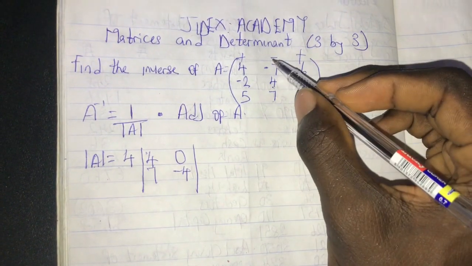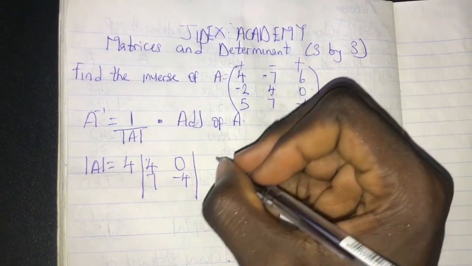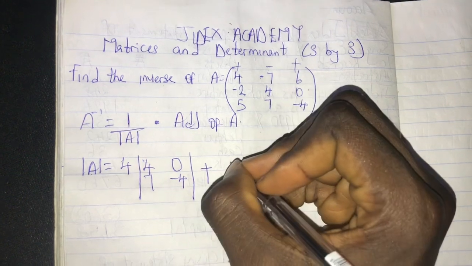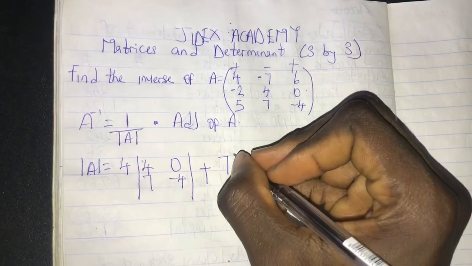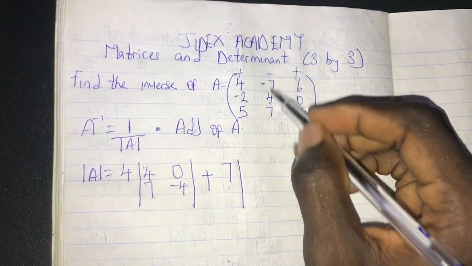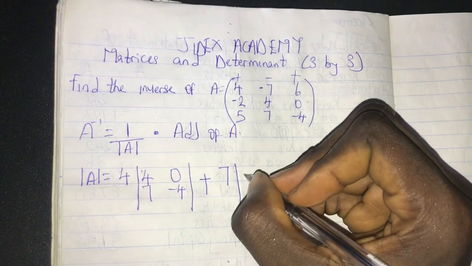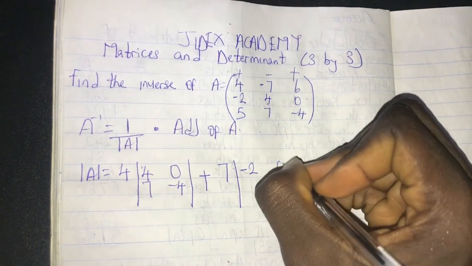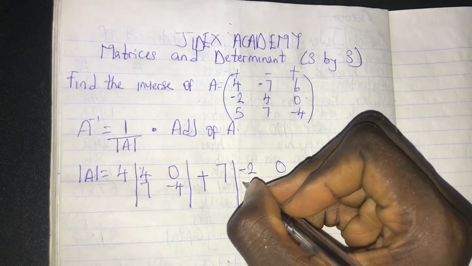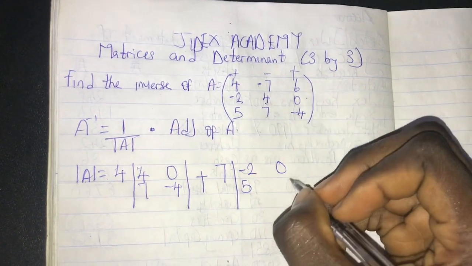Then you know it is minus that is supposed to come next, but because we have another minus here, we just turn it into plus, because minus times minus gives us plus. So you cover up the column and the row, and I am left with minus 2, 0, then 5 and minus 4.